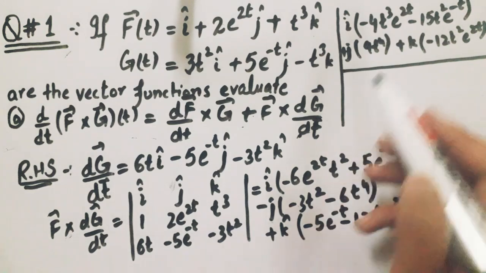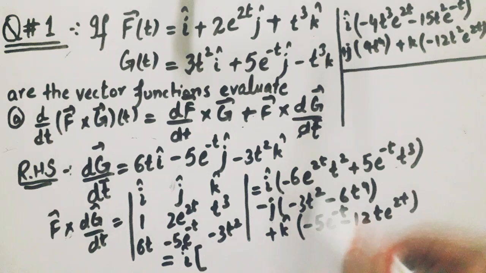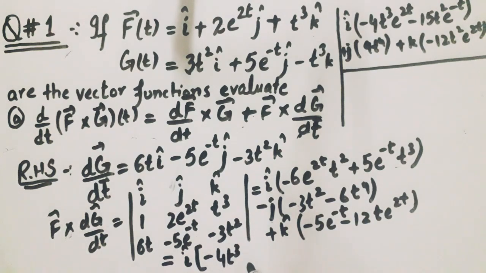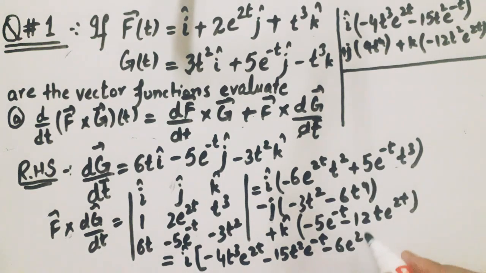Now we will add both this and this. So we will get i unit vector and its components are minus 4t cube e raised to power 2t and then minus 15t square e raised to power minus t, then minus 6 e raised to power 2t t square, and plus 5 e raised to power minus t t cube.